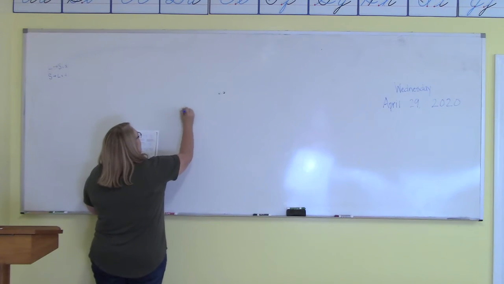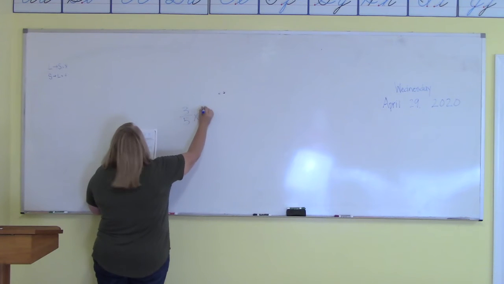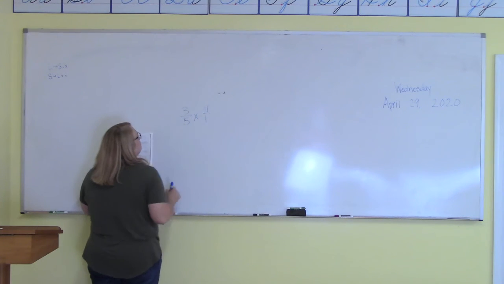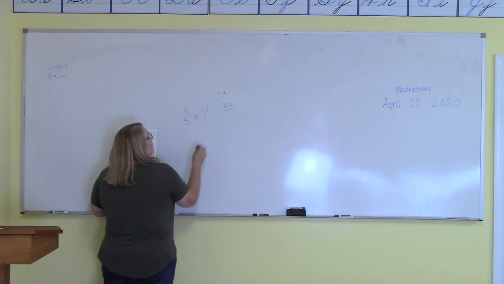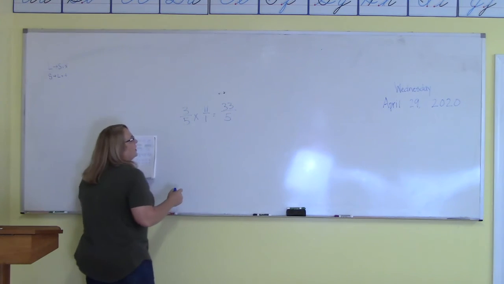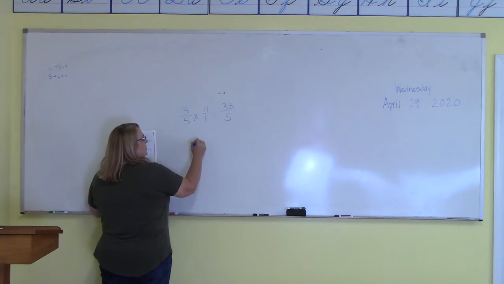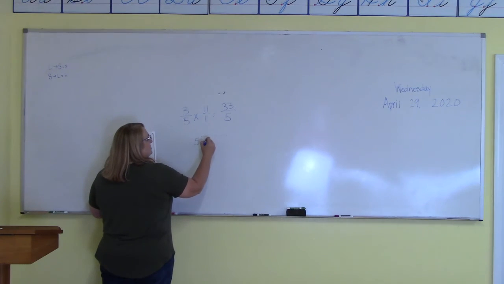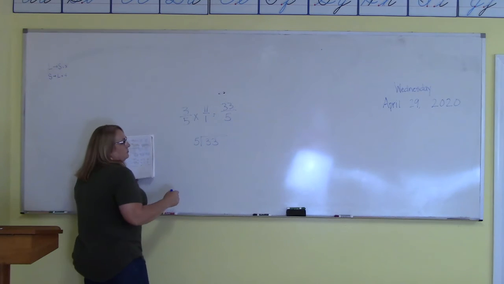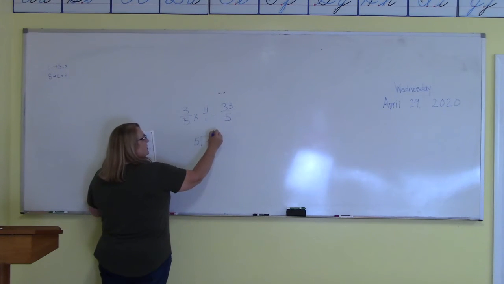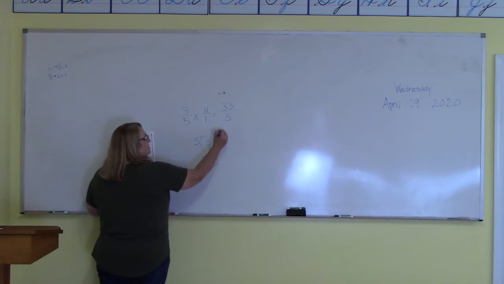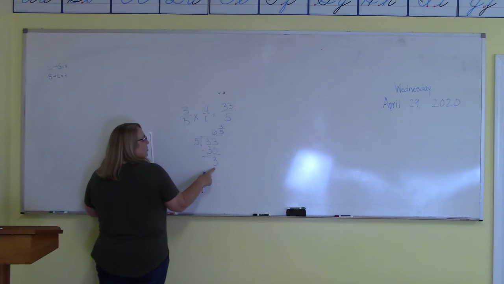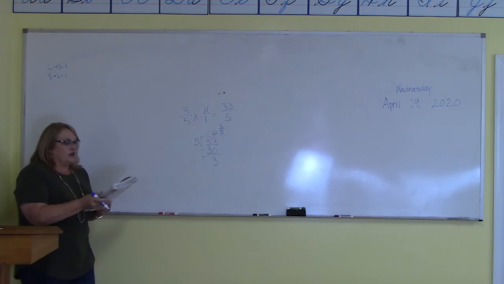A is 3/5 times 11. 3 times 11 is 33. 5 times 1 is 5. We can't leave it like this, so we have to turn it into a mixed number by dividing. 5 will go into 33 6 times because 6 times 5 is 30. Subtract it out. This becomes our numerator and denominator. So the answer is 6 3/5.